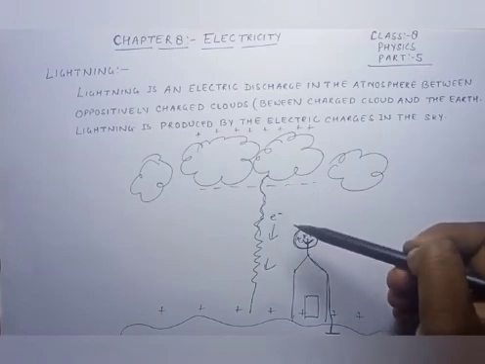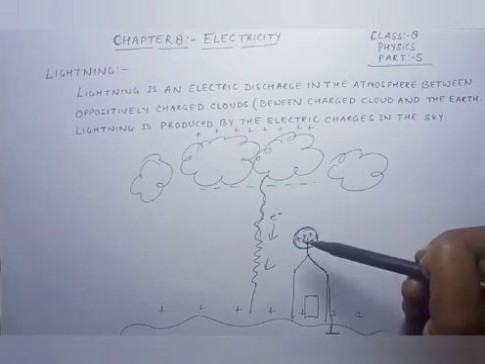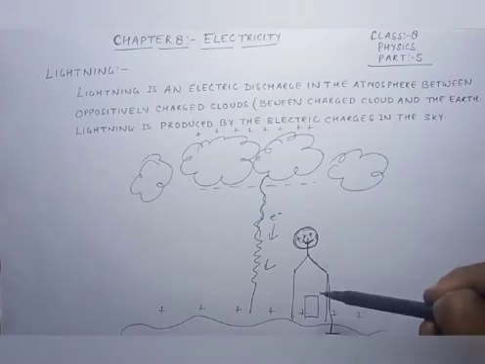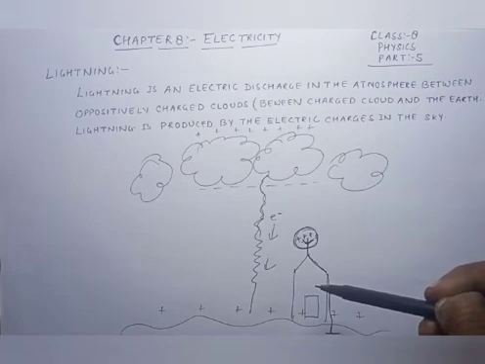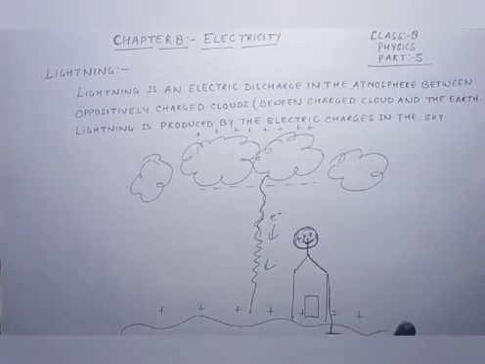Whatever extra charge is there will be taken up by the lightning conductor, and through this copper wire it will be absorbed inside the earth. So this is how a lightning conductor works, and lightning conductors save our houses from damage. I hope it is clear to everyone.